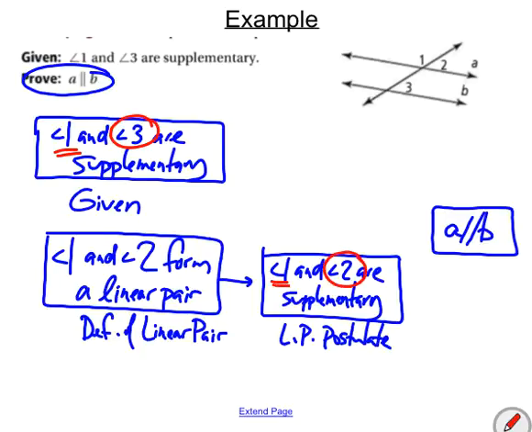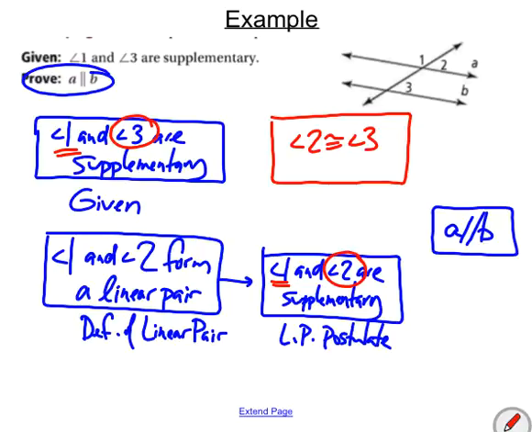So both 2 and 3 are supplementary to the same angle. So we can invoke that theorem, and that tells us that 2 and 3 have to be congruent. So we're going to say that angle 2 is congruent to angle 3.